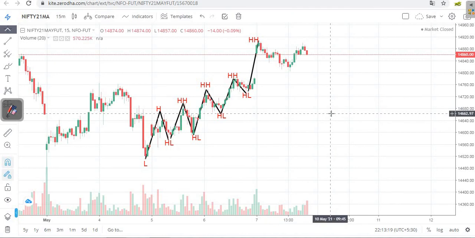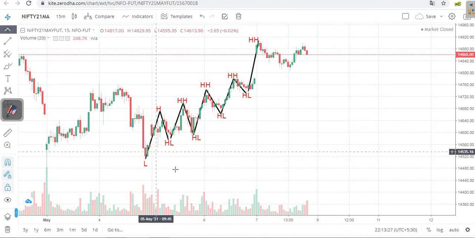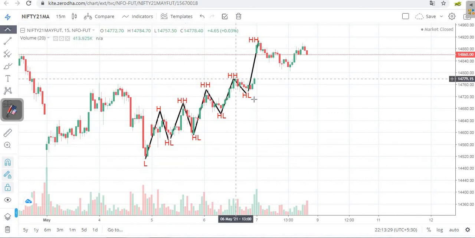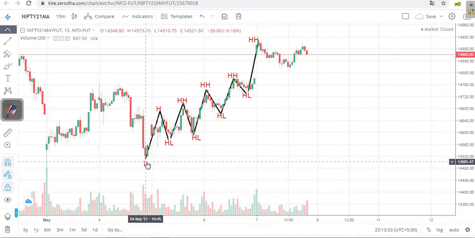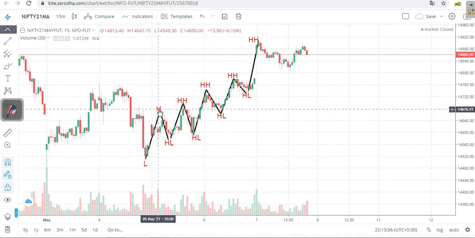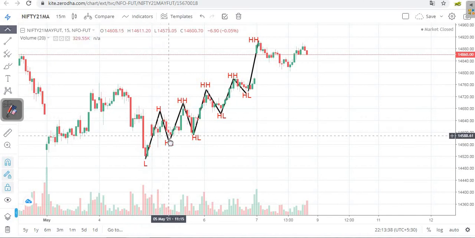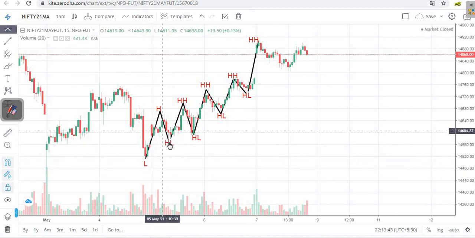So now I show the live example in the chart, and this is how the uptrend forms. See how it moves: this is the start, the low, and the first high is H. The correction is always a higher low because it doesn't go below the previous low. So HL.